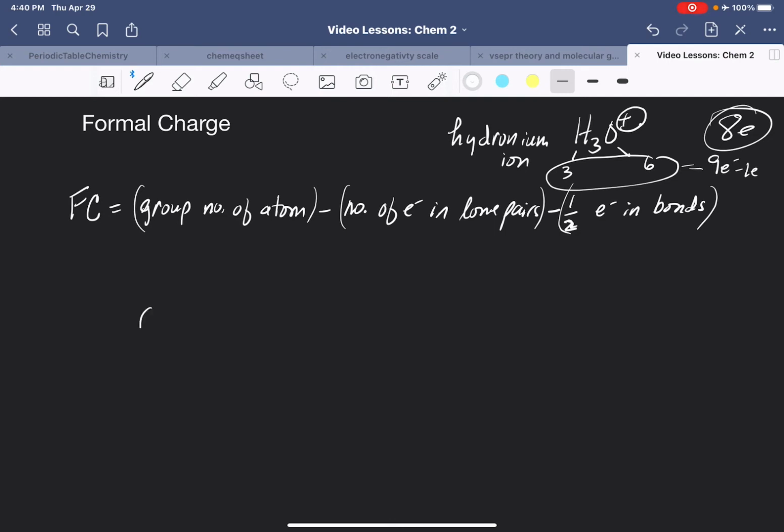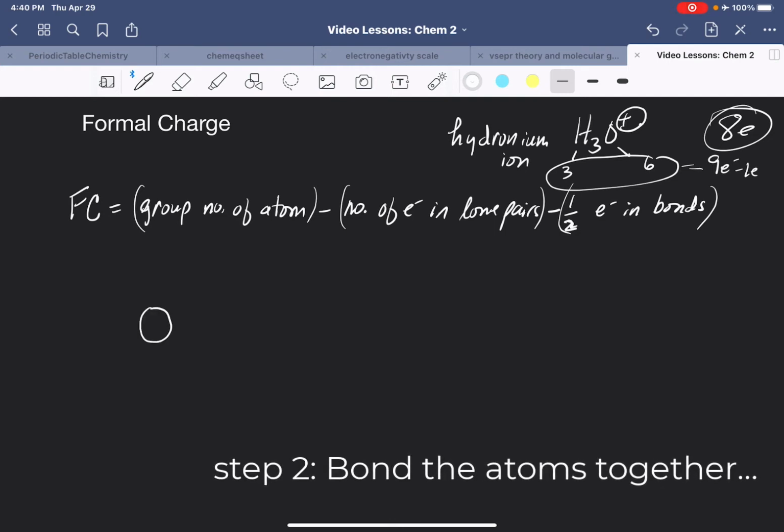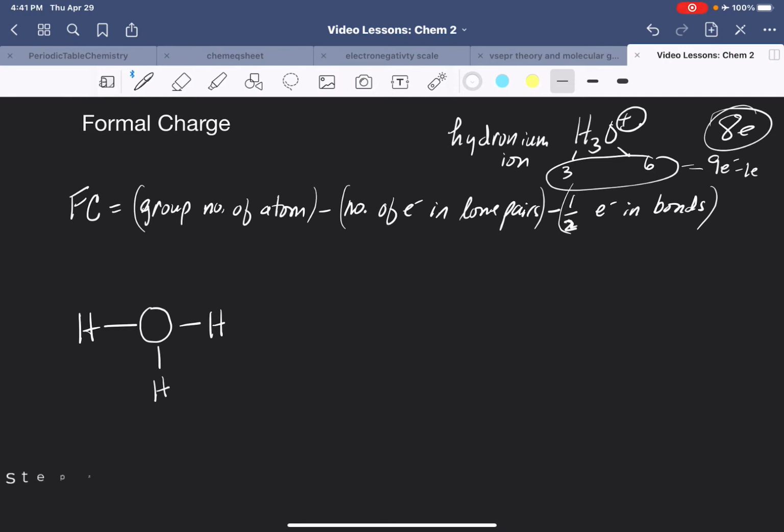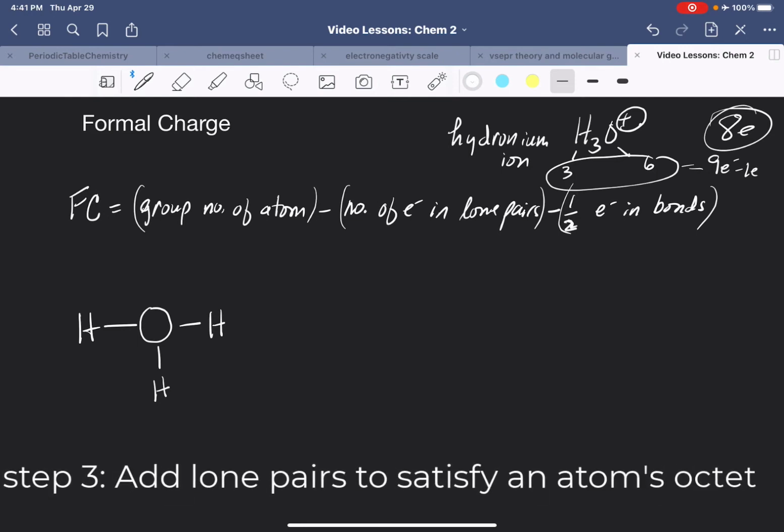Rule 2 says take the atom that you know is going to be the central atom, bond everything else to it, and then add lone pairs until you satisfy the octet rule and have the correct number of electrons. Here hydrogen is not going to have any lone pairs, so we put the lone pair on the oxygen.